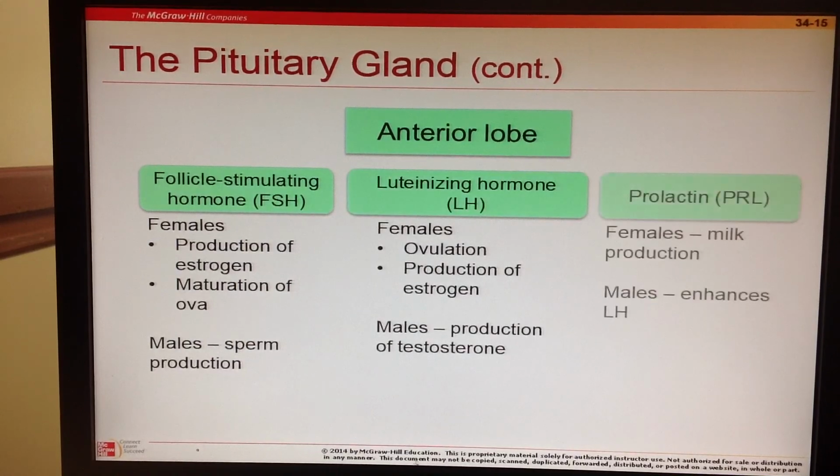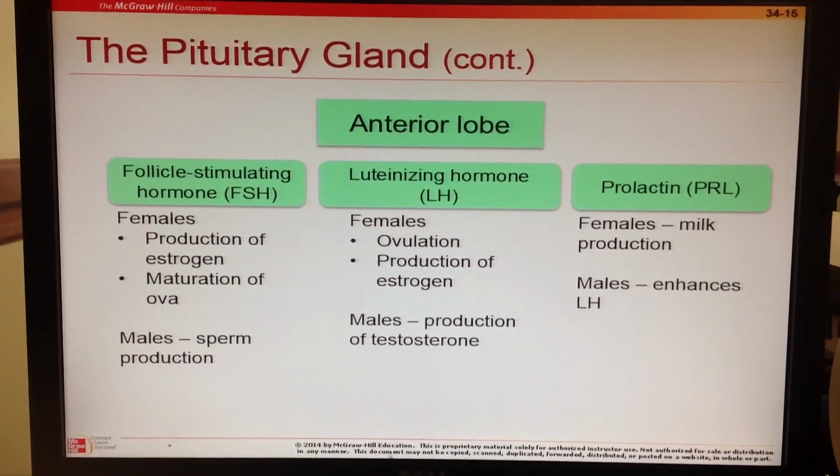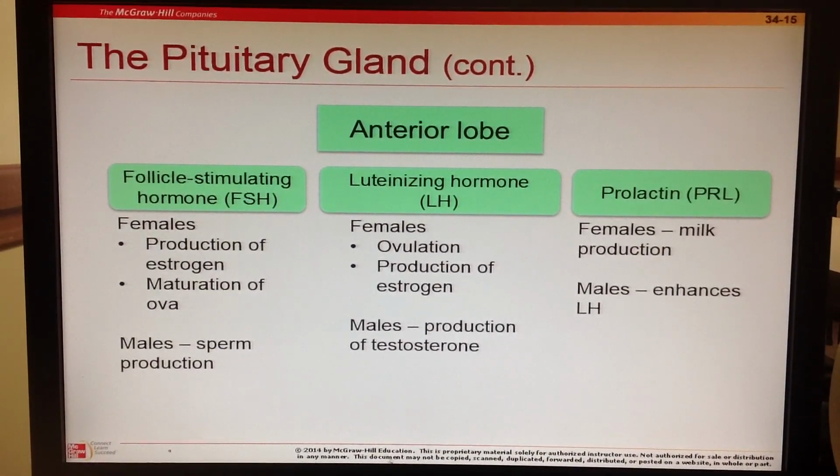The anterior lobe also secretes other hormones like FSH, LH, and prolactin. Prolactin is actually the hormone responsible for milk production. And remember oxytocin: women who gave birth naturally may have been given Pitocin, which is the artificial version of oxytocin. But we're going to talk about that in the next slide as well.